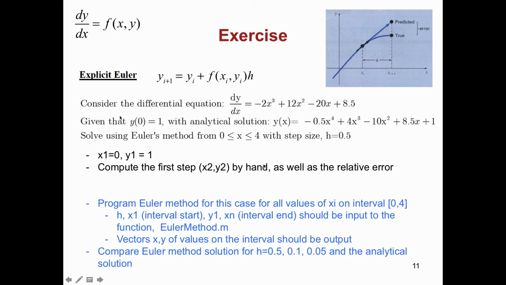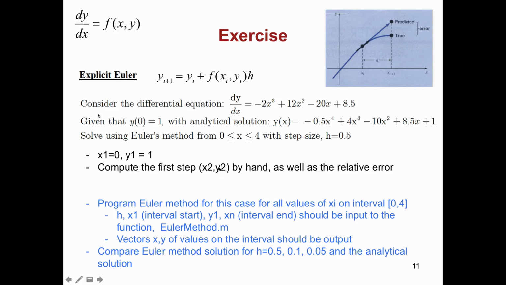So what did you get as y2? If my h is 0.5, my x2 is 0 plus h, right? This is x1 plus h. So my x2 is 0.5. Okay.